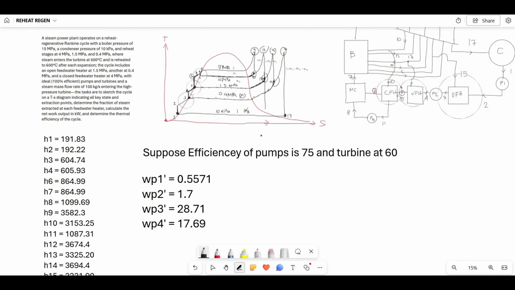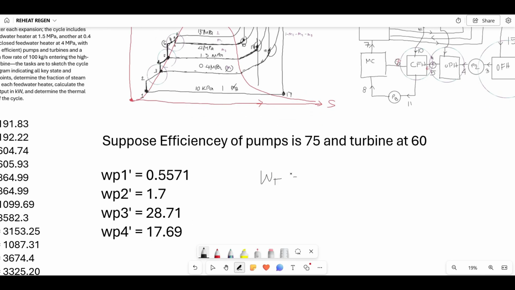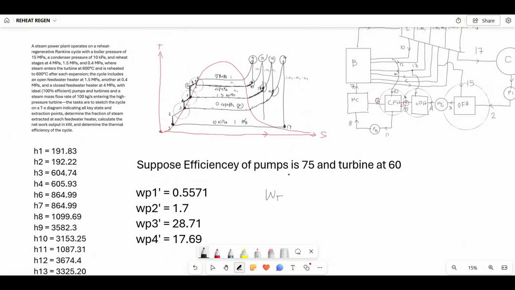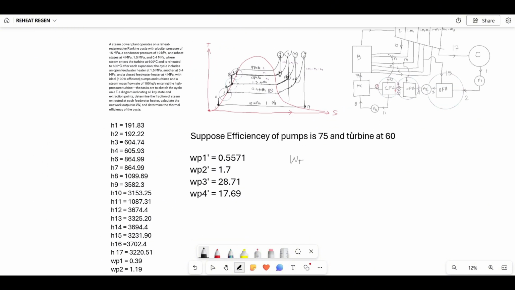First of all, we need to find the work of the turbine at the first stage. Therefore, we need to subtract H9 minus H10. H9 is 3582.3 minus 3153.25, which gives a work of 429.05.